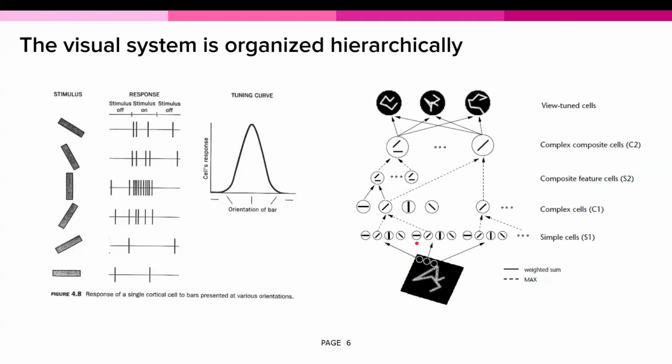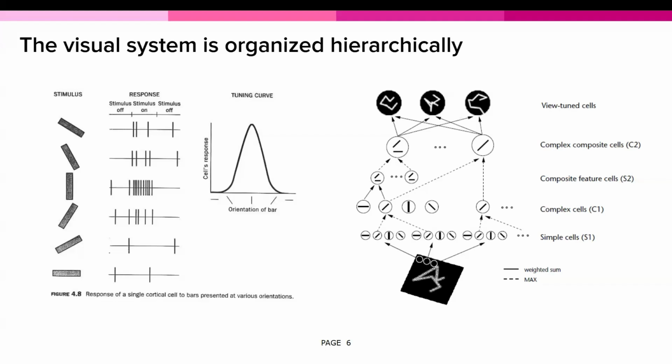And so our understanding of visual processing or visual perception in biology, and computer vision with convolutional neural networks, these two fields really did grow up together.